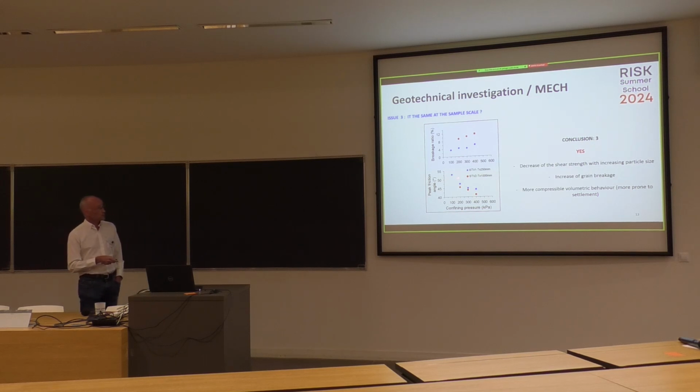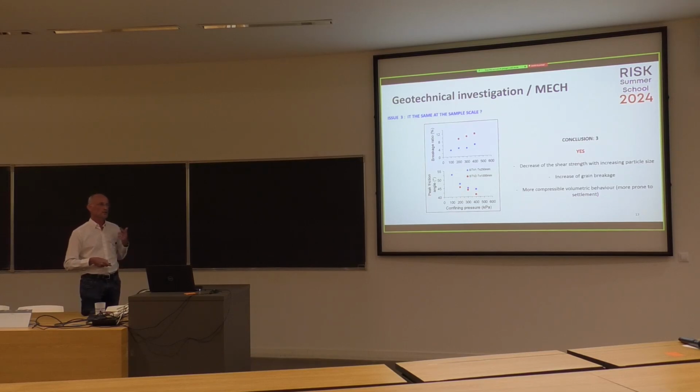When we compute the friction angle obtained for different confining pressures, we observe that the friction angle is decreasing with the confining pressure, but also with the grain size. So it means that the largest grains exhibit less shear strength than smaller grains.